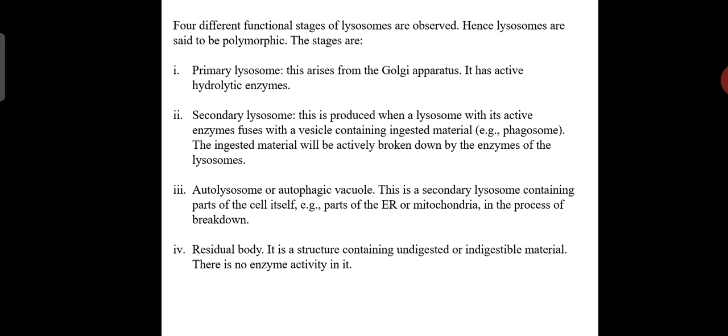The ingested material will be actively broken down by the enzymes of the lysosome. Next is the autolysosome or autophagic vacuole. These are secondary lysosomes containing parts of the cell itself, for example, parts of a mitochondria or endoplasmic reticulum.